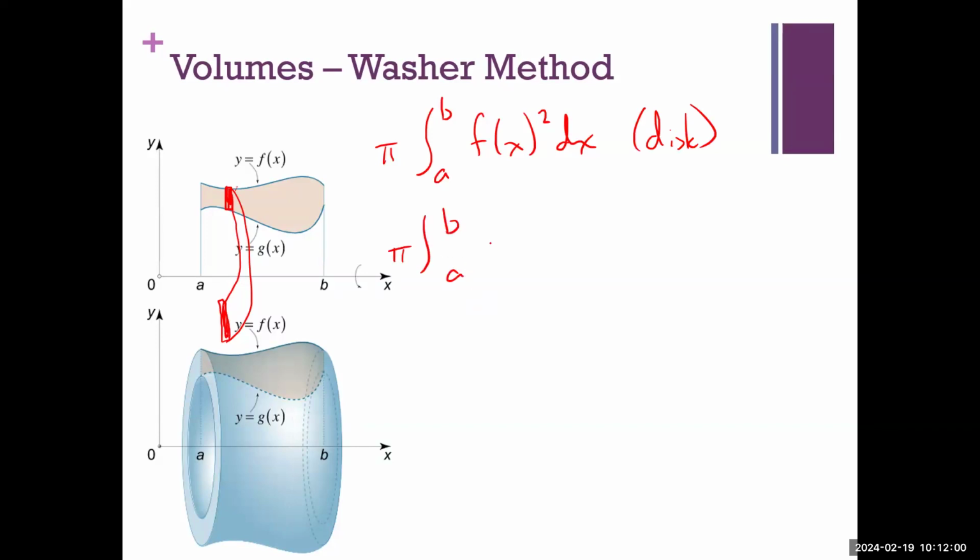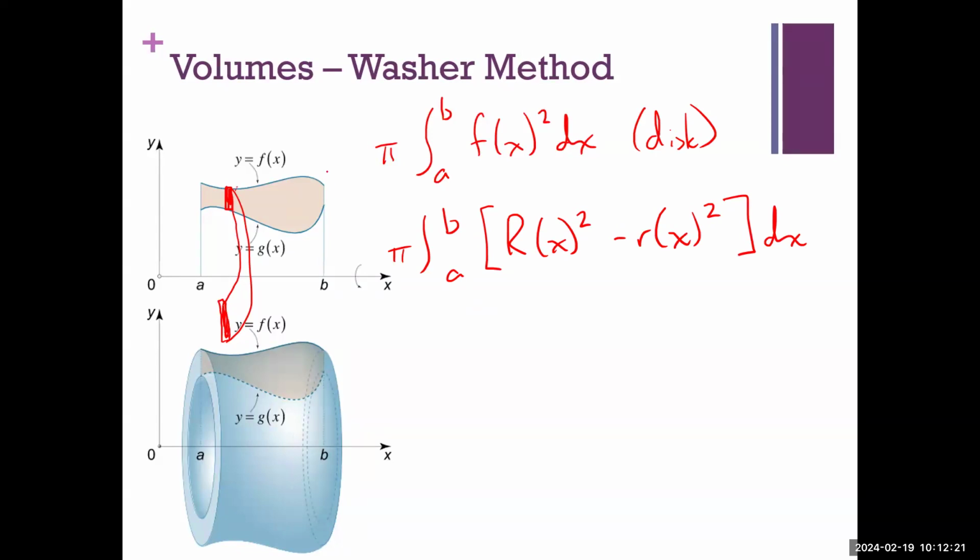Basically I'm finding the difference between these. So I think the way I wrote it down was big R squared minus little r squared, where big R and little r are the larger and the smaller radii, or the outer and the inner radii.